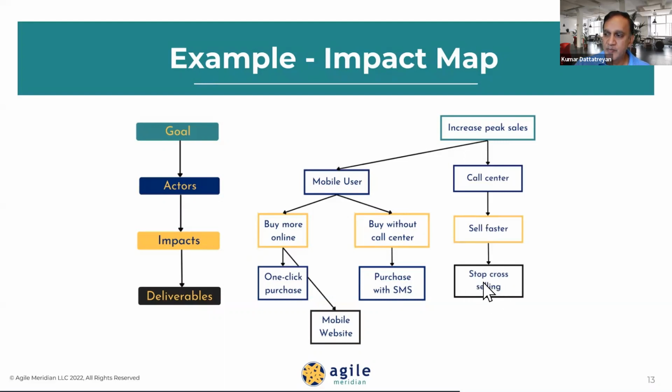It's more behavioral. It's like instituting a new process for them to stop cross-selling. If they just focus on the one thing, then maybe they can close that sale and go on to the next thing, and they'll be able to sell more items. So this is more of an experiment for them to conduct that doesn't involve any kind of change to the software. Did I miss anything here, Mike?